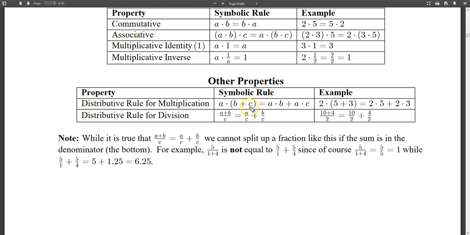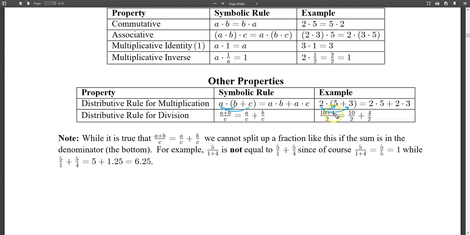A times (B plus C) is the same as, or equal to, A times B plus A times C. Notice how you distribute the A to the B and to the C. So for example, 2 times (5 plus 3) is the same as 2 times 5 plus 2 times 3. So you distribute the 2 to the 5 and to the 3.